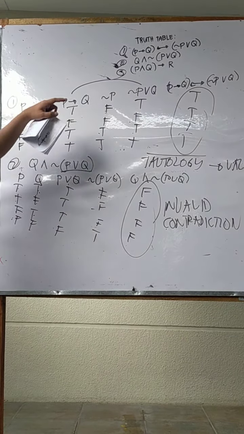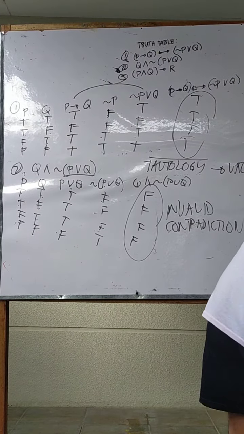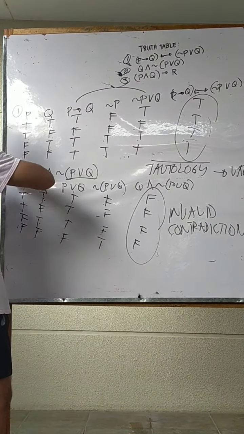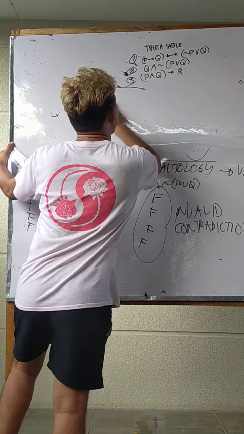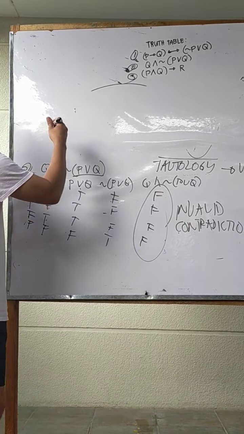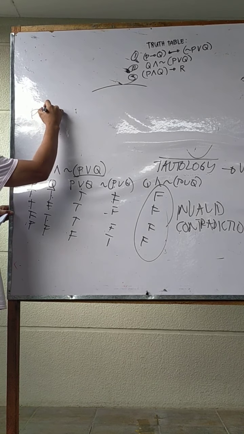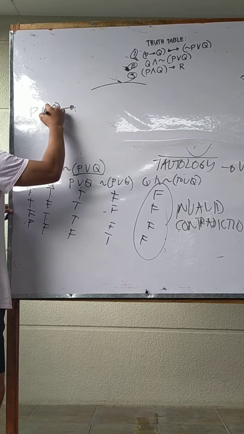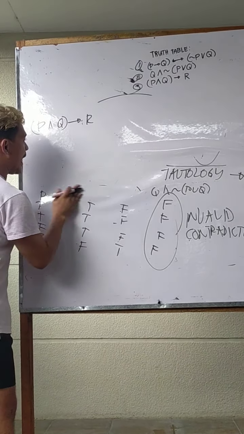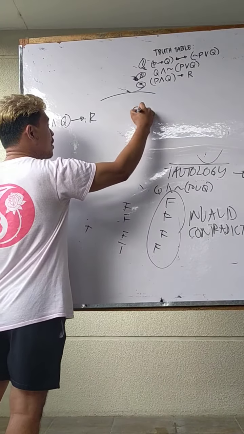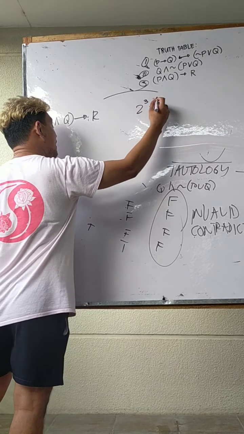And for the last item, we have number 3: P, Q, and R. We have P and Q implies R. There are 3 variables, therefore we have 2 raised to the number of variables, that will be 8.